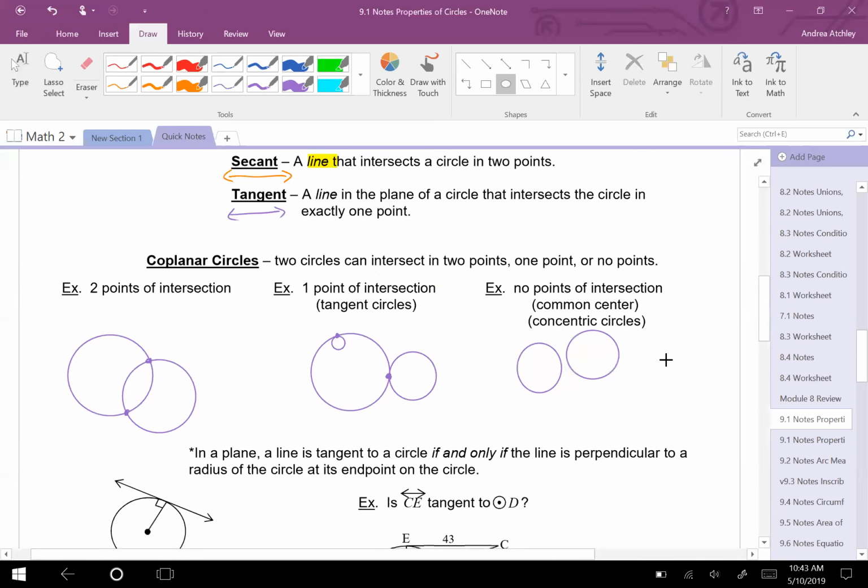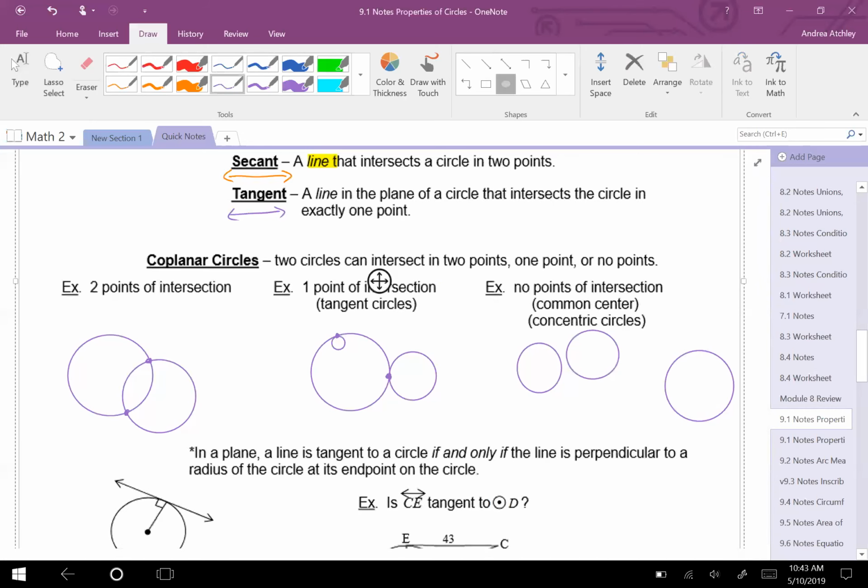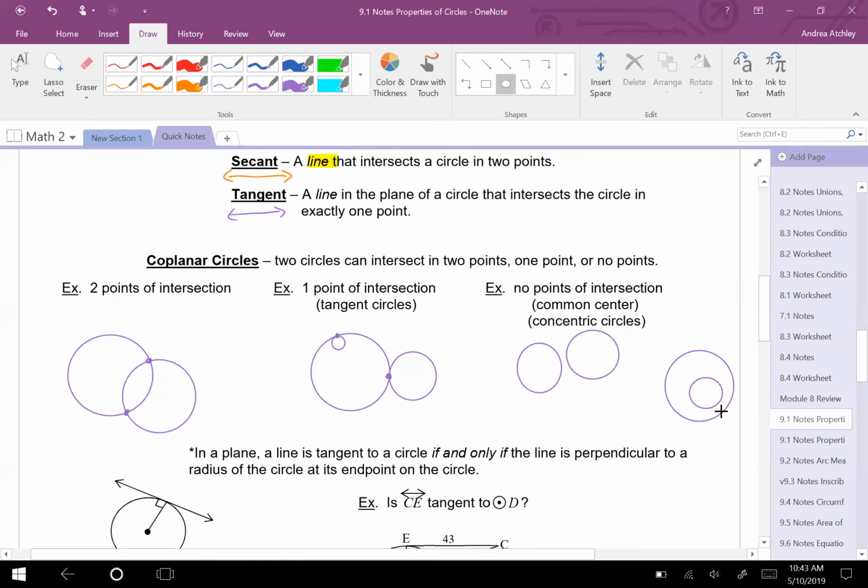So here's a circle, and you can have one inside it, kind of like that, where they share a common center.